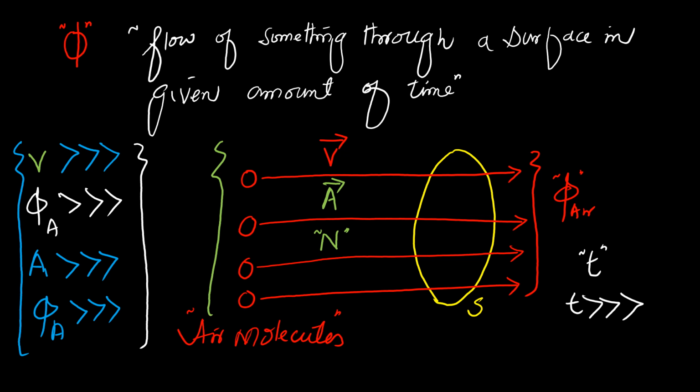The lesser the time, the lesser the flux. So flux depends on velocity, area, and time, and it also depends on the number of things. If we have more things passing through the surface, the flux will be greater.